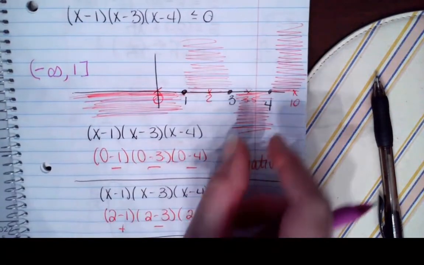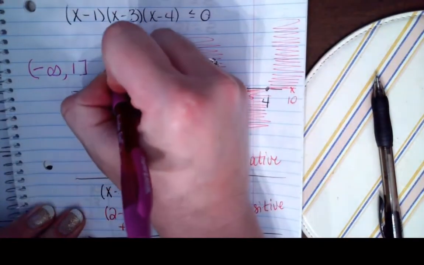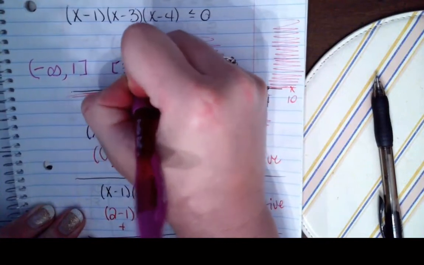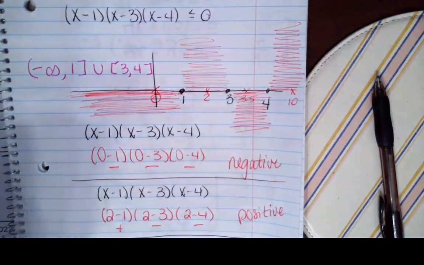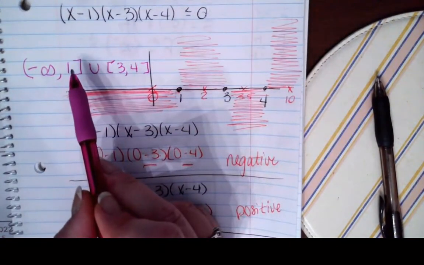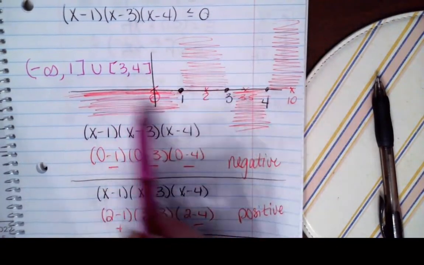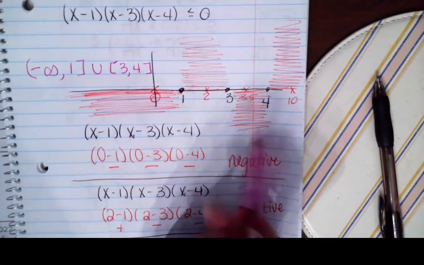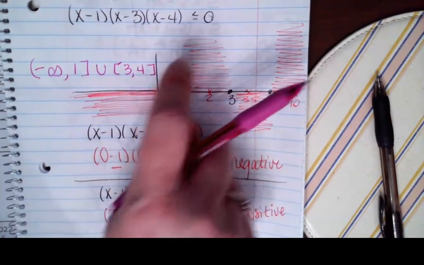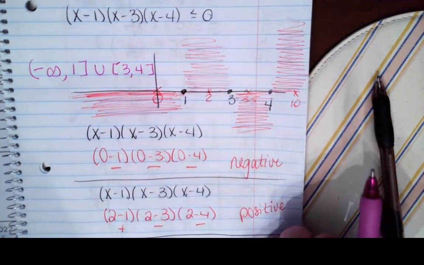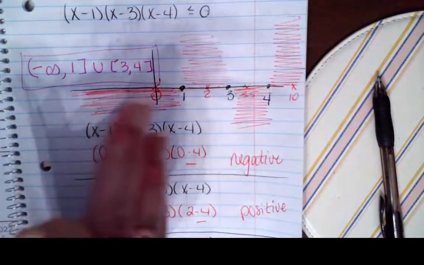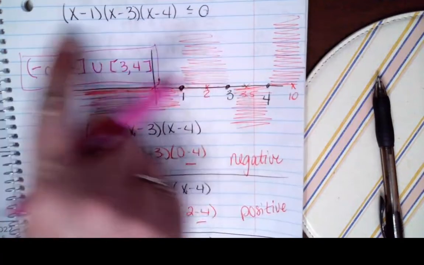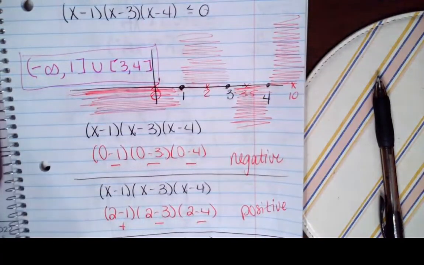Where else am I below the axis? Between 3 and 4, I am below the axis. So from 3 to 4, I am below the axis. Notice as well that you used all 3 zeros in your notation, which means that's where I've got my hard brackets to say that it's also equal to 0. So that's the interval notation that will satisfy this polynomial inequality.